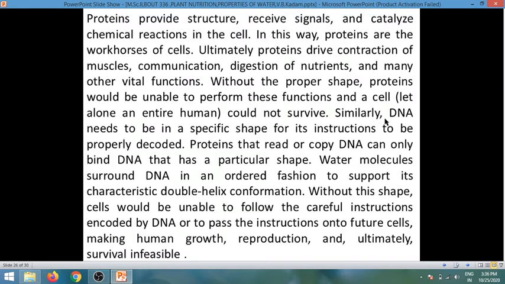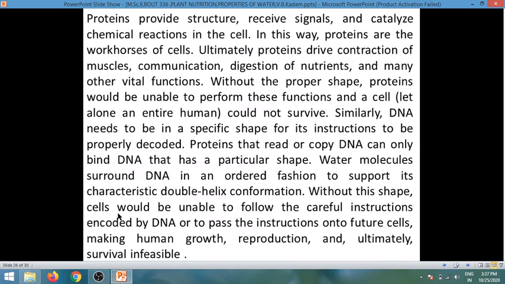Similarly, DNA needs to be in a specific shape for its instructions to be properly decoded. Proteins that read or copy DNA can only bind DNA that has a particular shape. Water molecules surround DNA in an ordered fashion to support its characteristic double helix conformation.